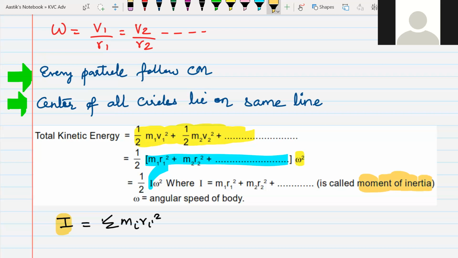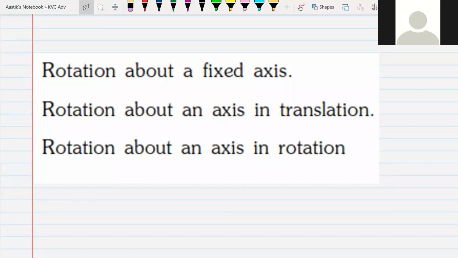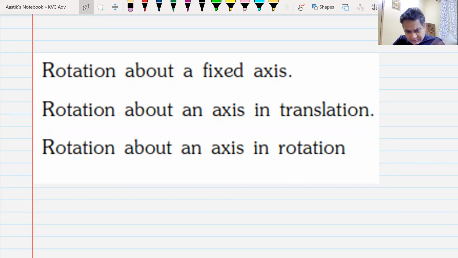Okay. Now, whenever we talk about pure rotational motion or rotation about an axis, we can have 3 different cases of rotation of a body on an axis. The first case is rotation about an axis which is fixed.